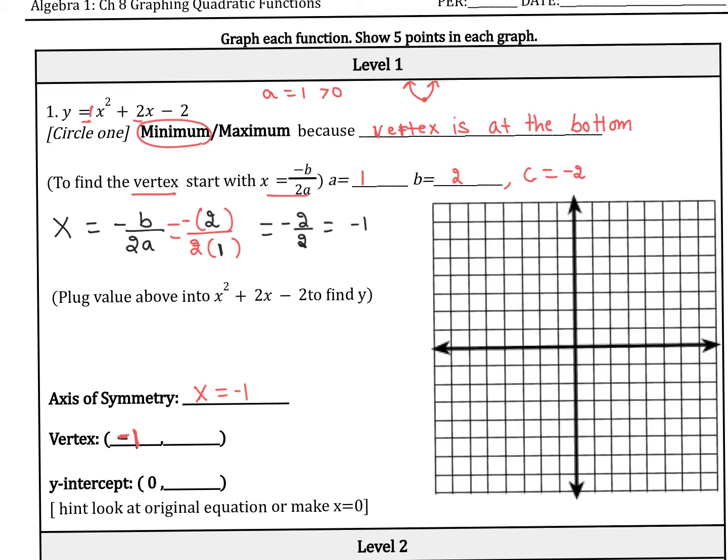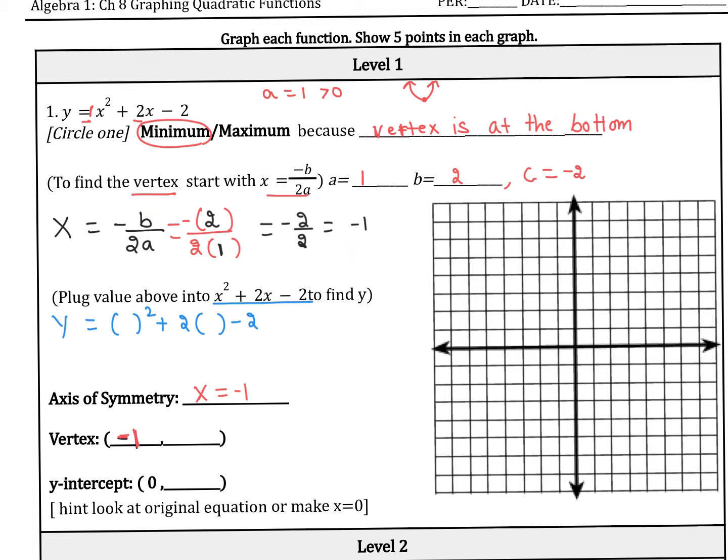To find the y value, you're going to use the given equation, and wherever you see x, you put a bracket around it so that it's easier to see where to plug in the x value. Always put the bracket around x and plug in the value you just found, x equals negative 1.